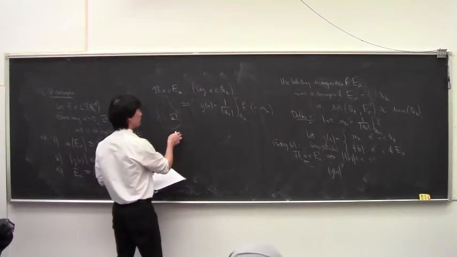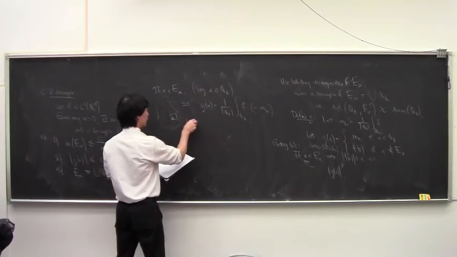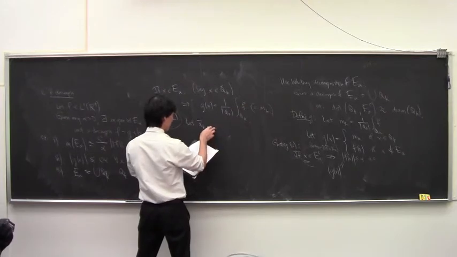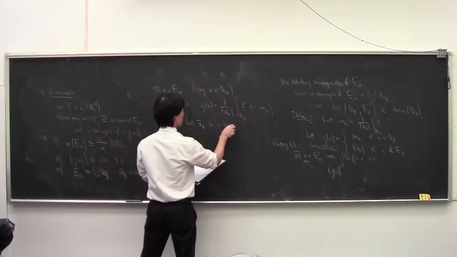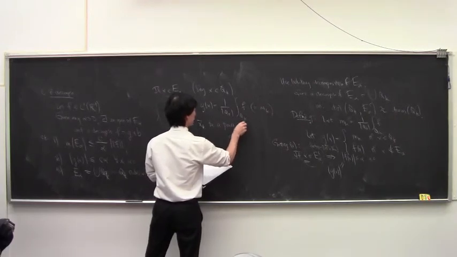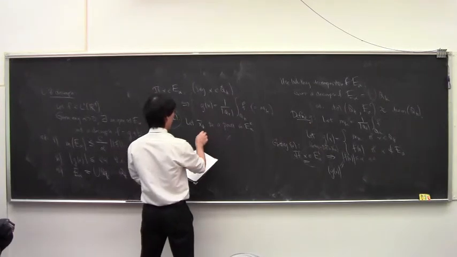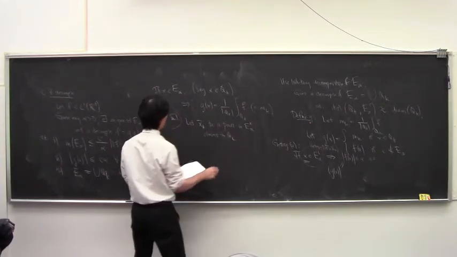But you know that there's some point, let x k bar be a point in E alpha complement closest to Q k.